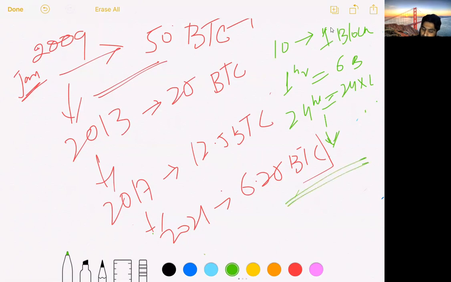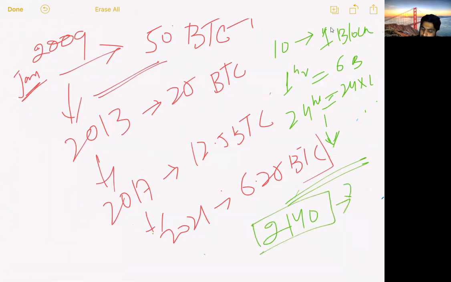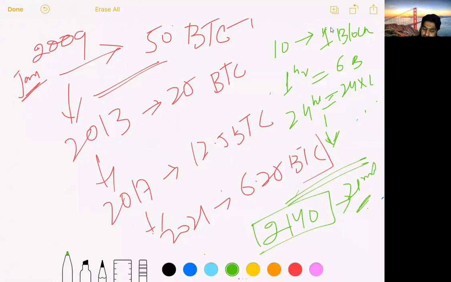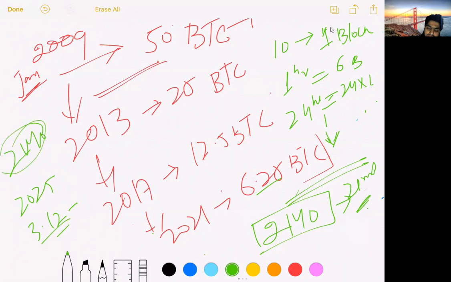By this way, we will get to 2140. In this year, we'll have 21 million bitcoins, and that's it. Because if we just halve it repeatedly, it becomes 3.12 something, and in the same way, by 2140 we will have no mining reward.